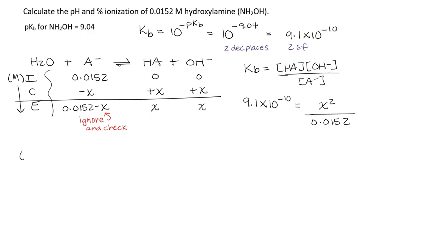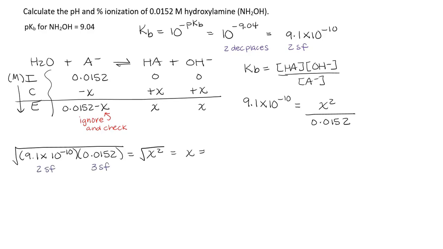So continuing to solve the problem, we have 9.1 times 10 to the negative 10 times 0.0152 equals x squared, square root of both sides to give us x. Our sig figs are 2 and 3, so that will give us 2 for our calculated result.